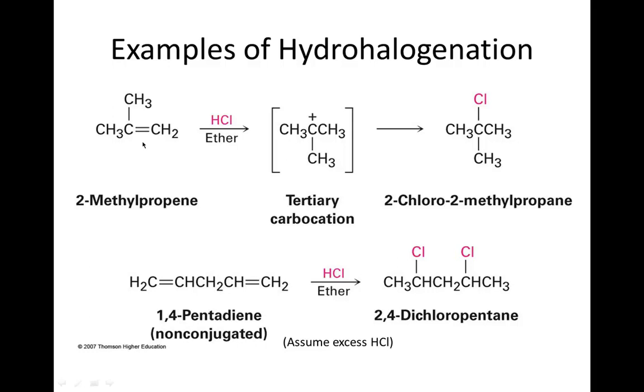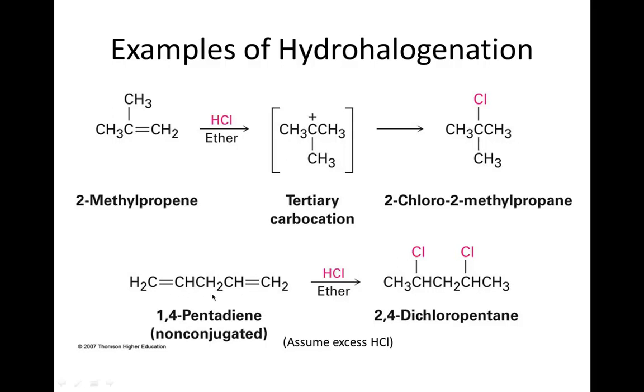Here's an example. So I have a simple alkene and I react it with HCl. Here's my carbocation, and then the chlorine goes on to the tertiary carbon. Now, if you have a non-conjugated alkene, it can be a diene, but this one is going to act separately from that one.